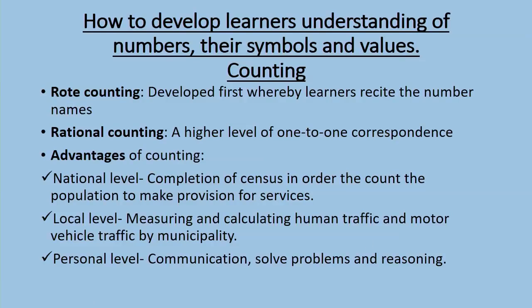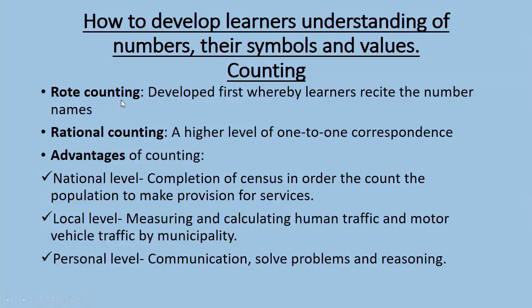Right. How to develop learners' understanding of numbers, their symbols, and values. When it comes to counting, first of all, we have two different kinds of counting: rote counting and rational counting. The first one, rote counting, is developed first, whereby learners recite the number names.